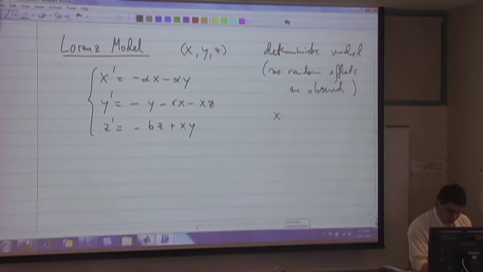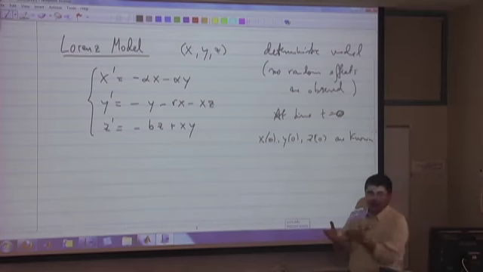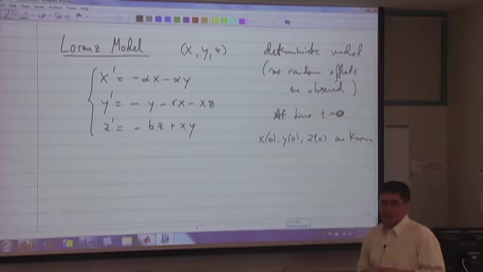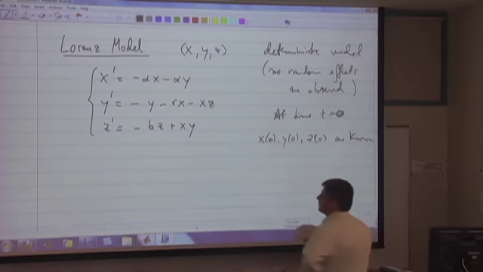We're just simply saying that at time 0, x of 0, y of 0, z of 0 are known or are given, and then this dynamical system is deterministically projecting what the variables x, y, and z will do, right?